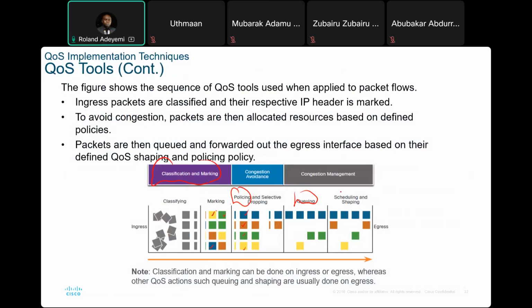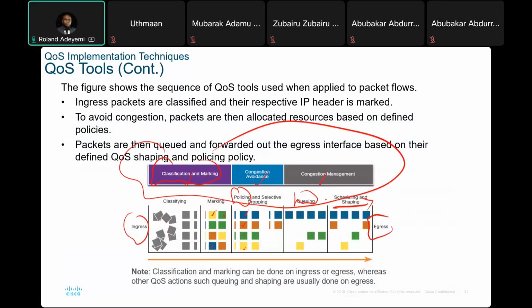And now, of course, scheduling and shaping when you are going out of the router. This is for ingress and this is for egress. So the summary of QoS, this is all it is. If you go to advanced level, you do classification and marking by configuration, you set up your congestion avoidance, and you set up your congestion management.